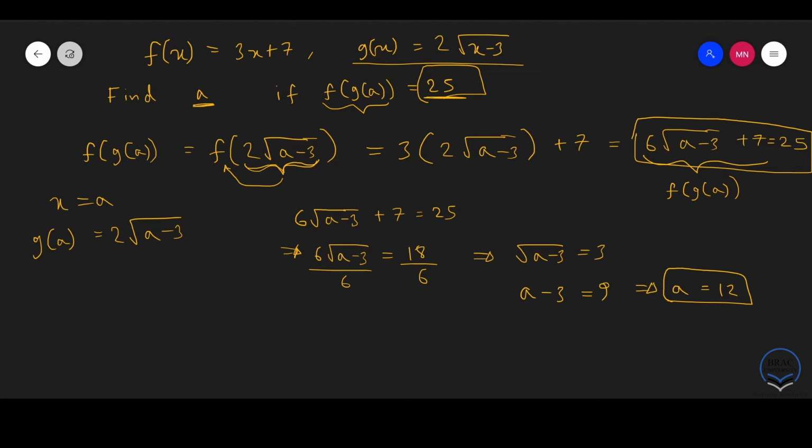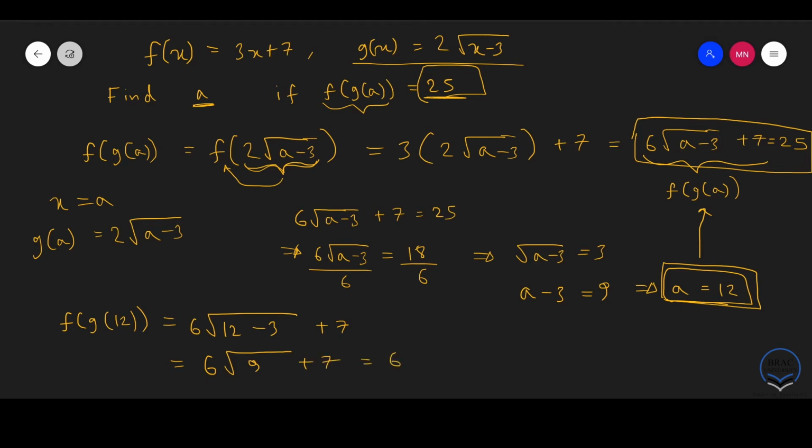Right, so our value of a is equal to 12, and we can check our answer very easily. We can just substitute the value of a into f of g of a, taking a to be 12. This is equal to 6 times square root of a minus 3 plus 7, but a is 12, so we have 12 minus 3 plus 7. Now we have 6 times square root of 9 plus 7.